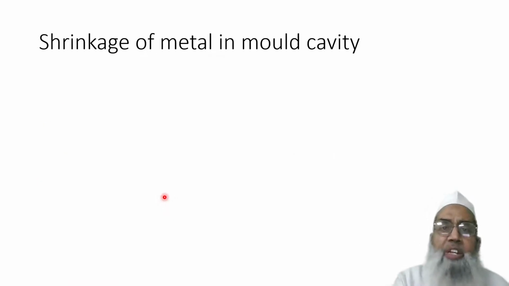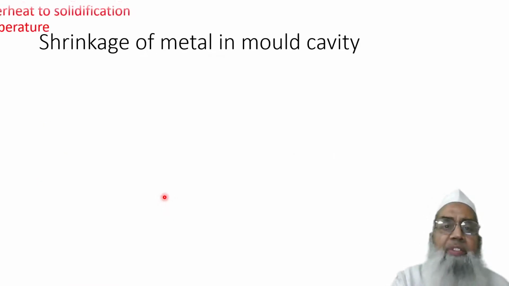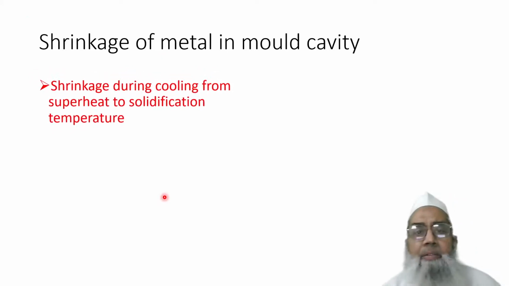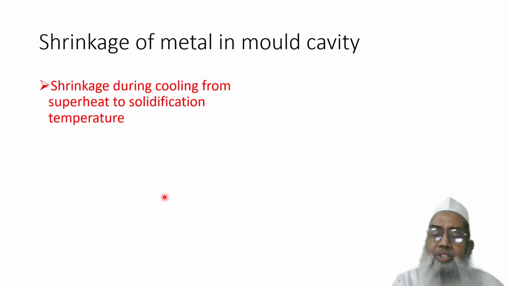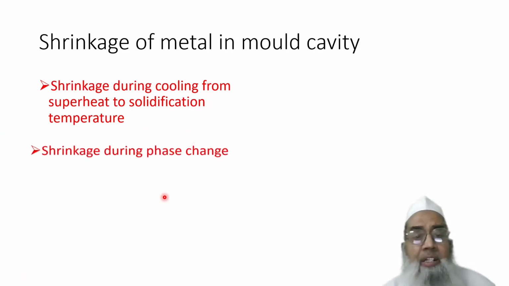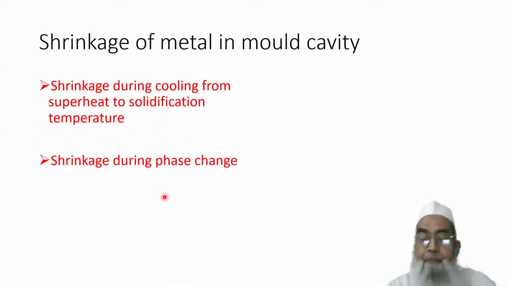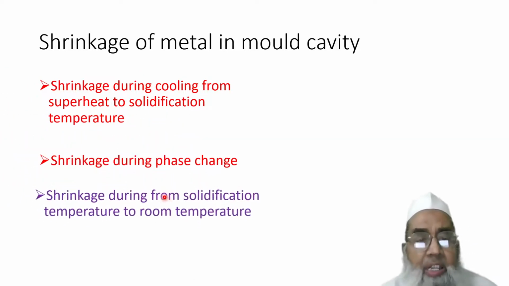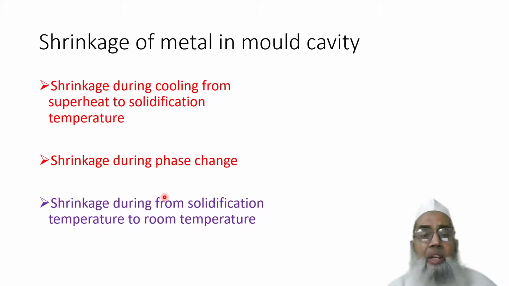Now the shrinkage of metal in the mold cavity can be classified into various stages. One is the shrinkage during cooling from superheat to solidification temperature, then shrinkage during phase change, and also the shrinkage from solidification temperature to room temperature.